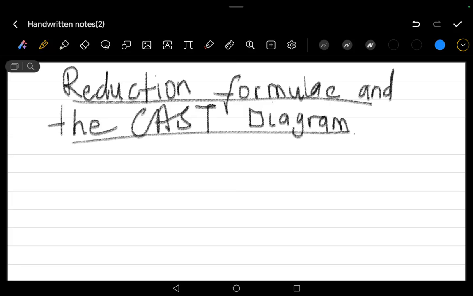Sometimes we're going to also use the reciprocals of these, the opposite of sine, opposite of cos, and opposite of tan. And then the special angles, you still remember we have 0, 30, 45, 60, and 90. Those are our special angles. You should also know the unit circle basics.